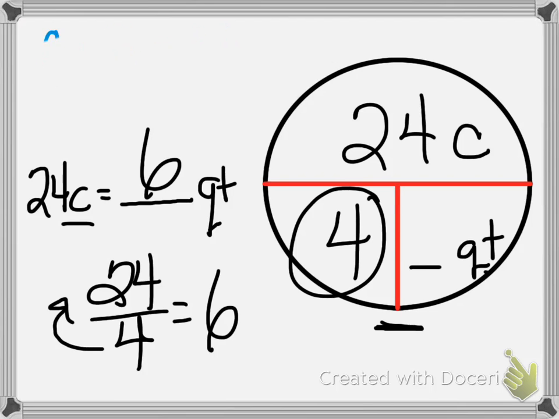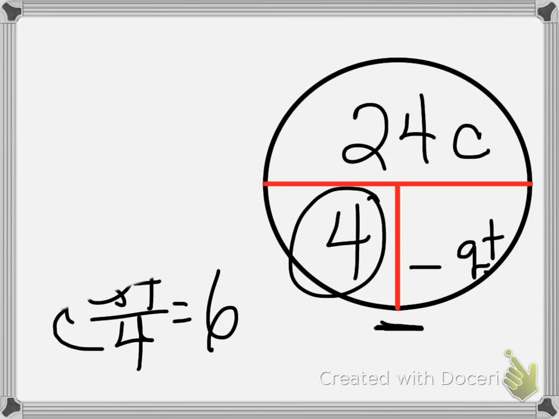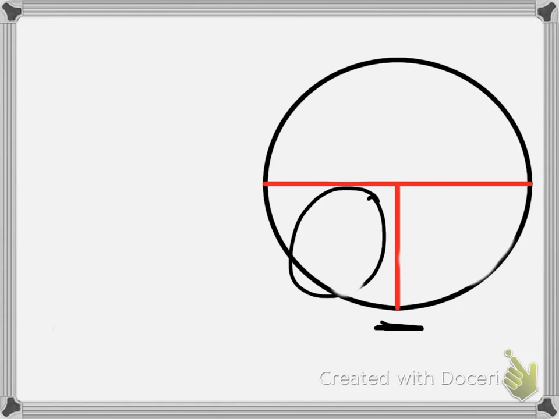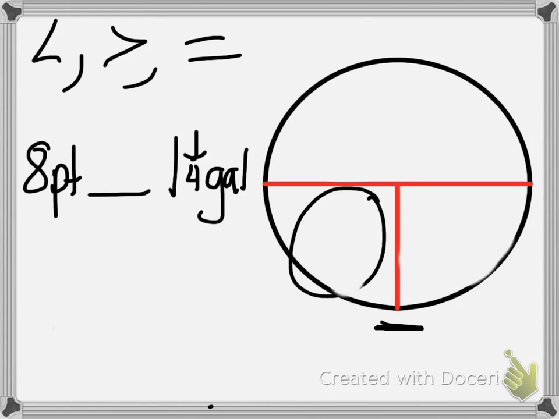This works for any customary units, and I know there's several in your homework. I'm going to show you one more for your homework that goes from comparing. It says using a less than, greater than, or equal to.